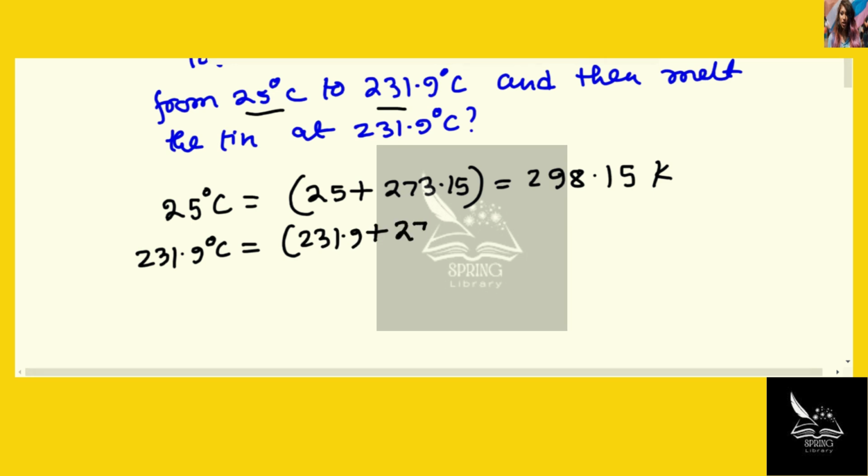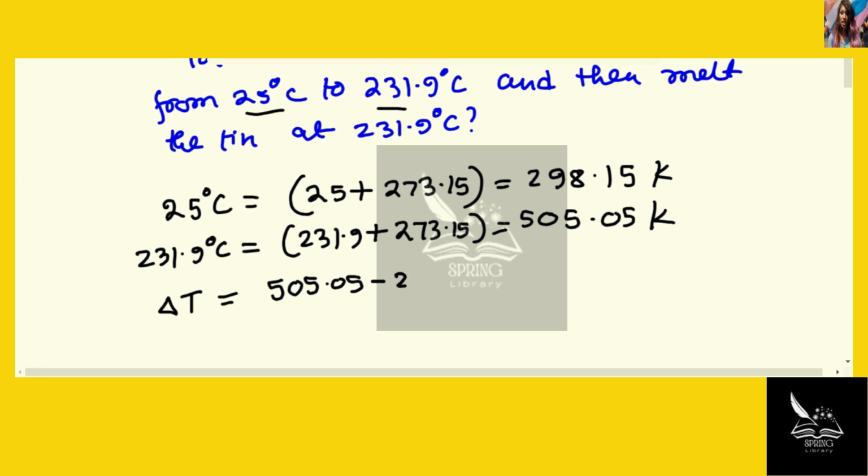So adding 273.15, we get 505.05 Kelvin. So delta T, the difference in temperature, we'll find out: 505.05 minus 298.15 Kelvin. If we subtract, we get 206.9 Kelvin.